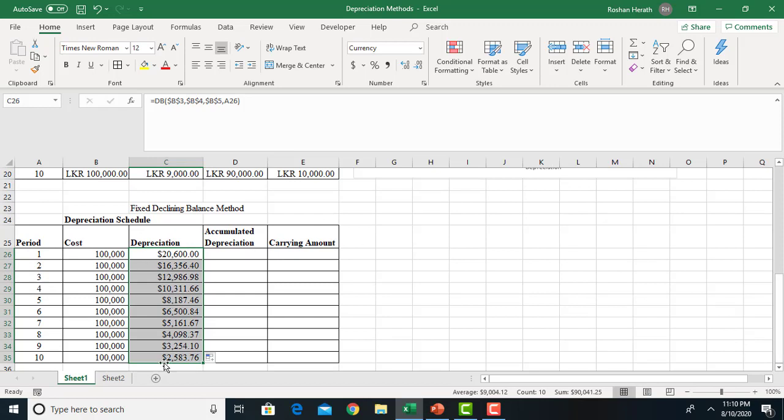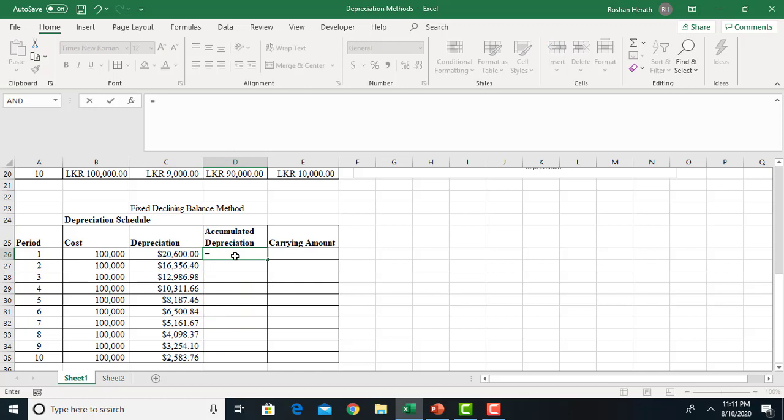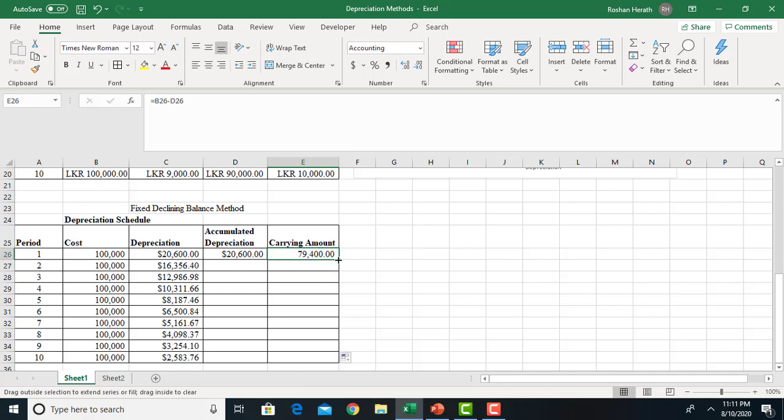Here it computes the depreciation throughout the useful life of the asset. Then you may take the accumulated depreciation as well. The first year, no problem, the accumulated depreciation is the depreciation. Cost is 100,000, accumulated depreciation is deducted, and you may drag them down.